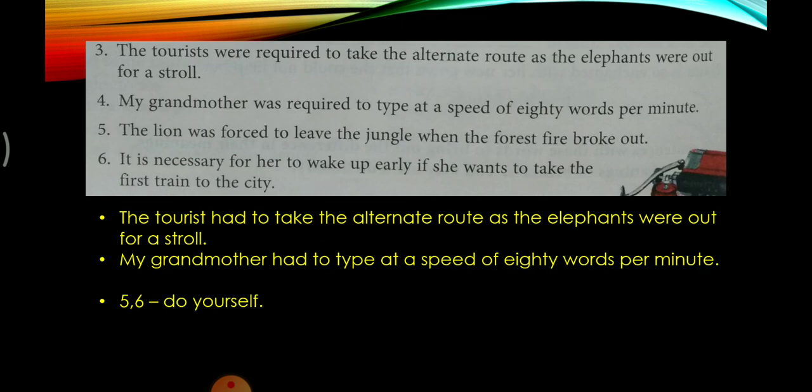Next, the tourists were required to take the alternate route as the elephants were out for a stroll. The tourists were required to take the alternate route as the elephants were out for a stroll.